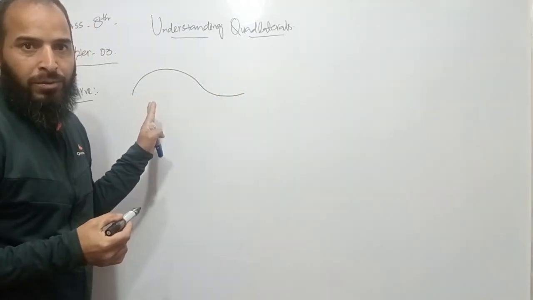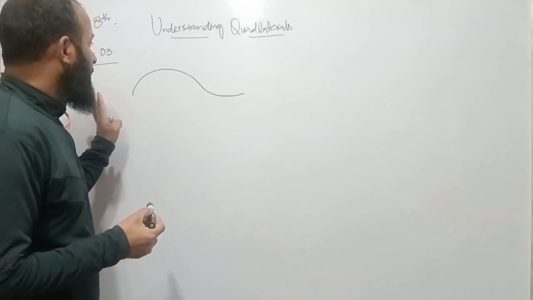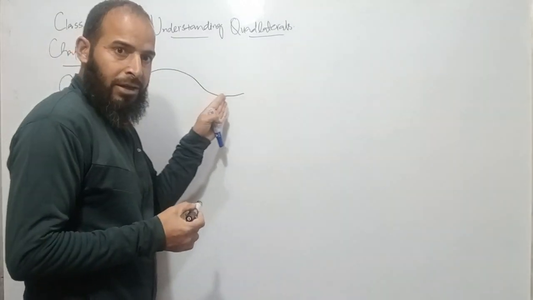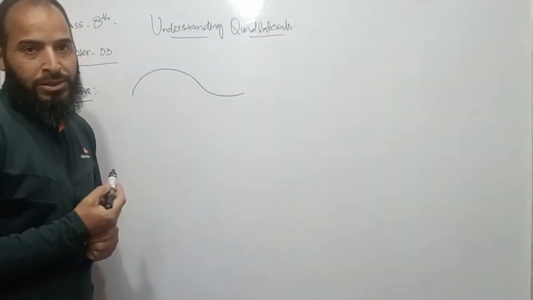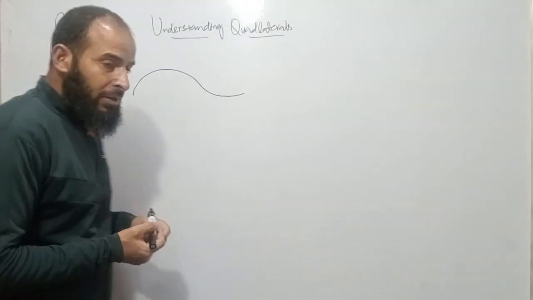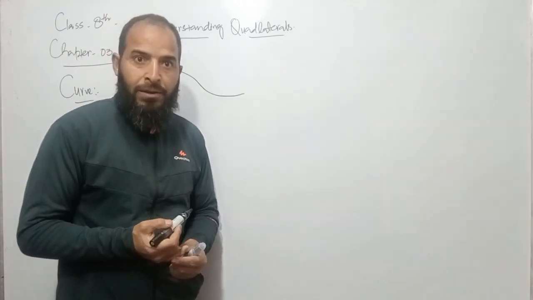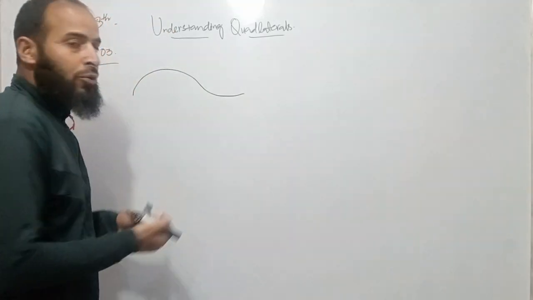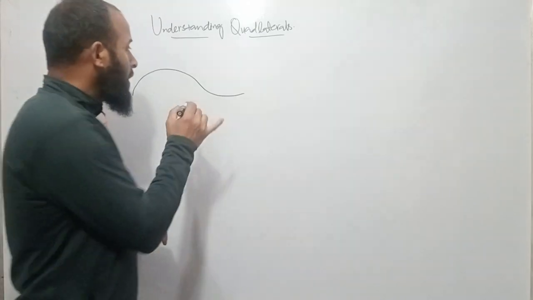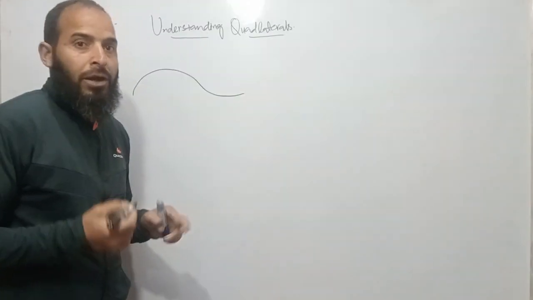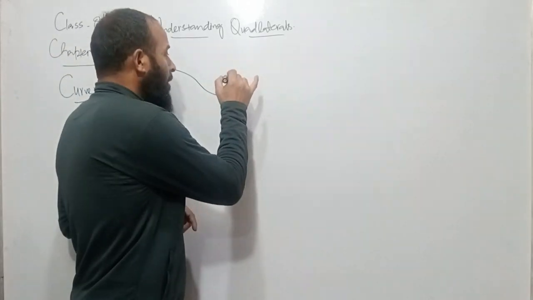This is a curve because it is a line which is bent or which is not straight. In other words, we can say that एक curve जो होती है, it is simply the locus of a point.